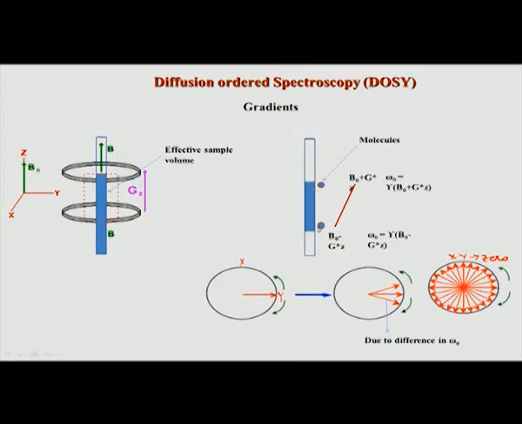The one at the bottom experiences B0 minus the gradient times this coordinate, because the bottom coil carries current opposite in direction compared to the top. Therefore, top and bottom oppose each other. The top portion will be along the magnetic field B0, and the bottom magnetic field generated will be opposing the main magnetic field. So, we can write the bottom part of the sample as B0 minus Gz and the top part of the sample as B0 plus Gz.